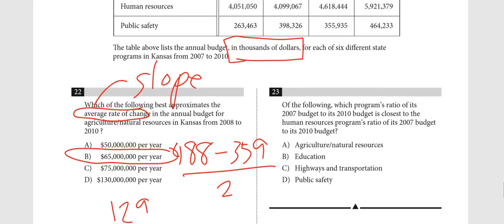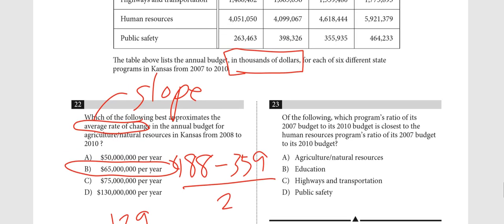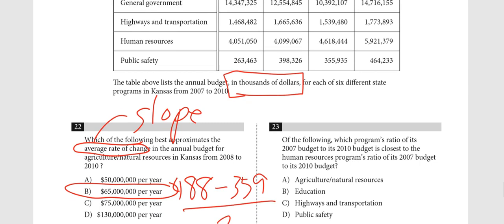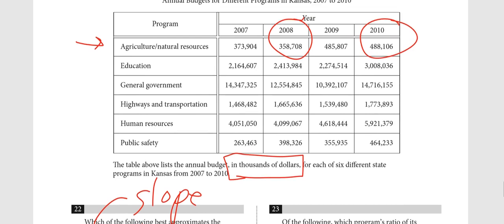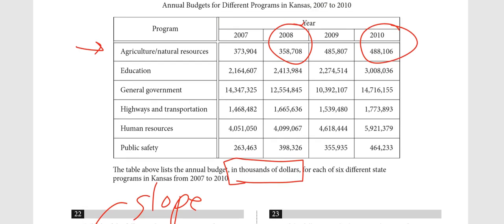Of the following, which program's ratio of its 2007 budget to its 2010 budget is closest to the Human Resources Program ratio, 2007 to 2010? So they want me to go through here and do like 374 over 488, and 2165 over 3008.